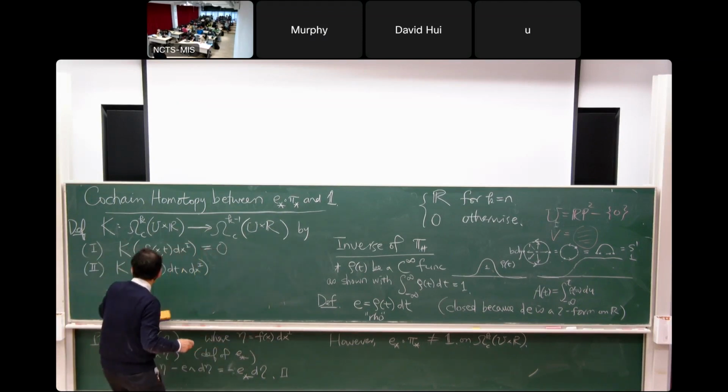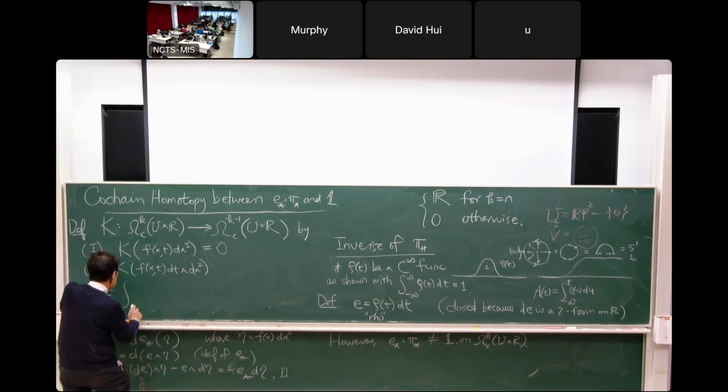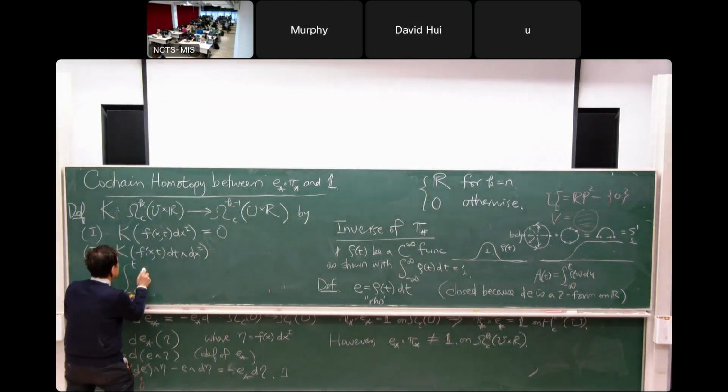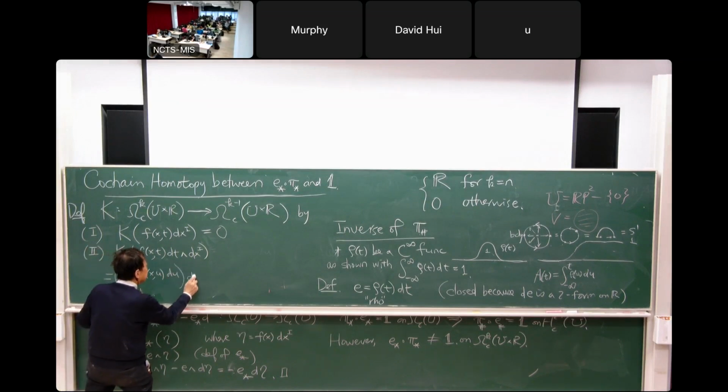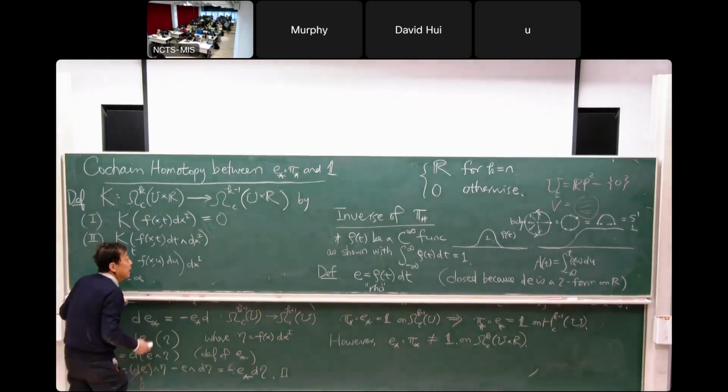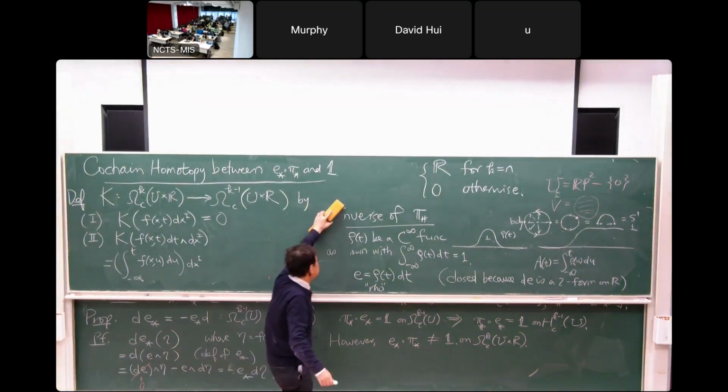So I integrate from minus infinity to t of f of x, u du, and then dx_i. Okay, now there is a problem with this definition.